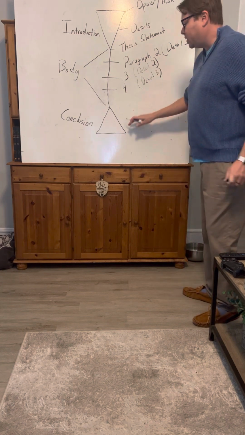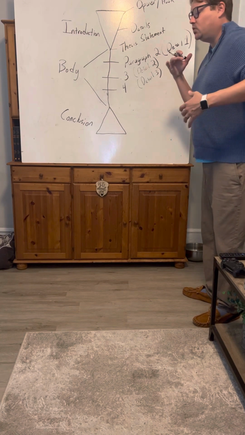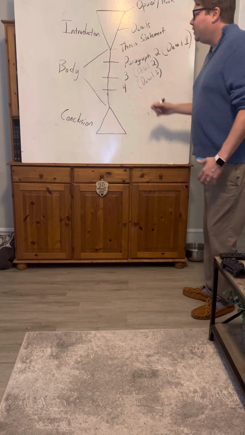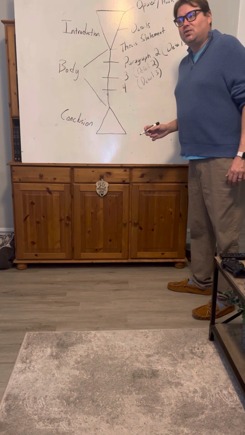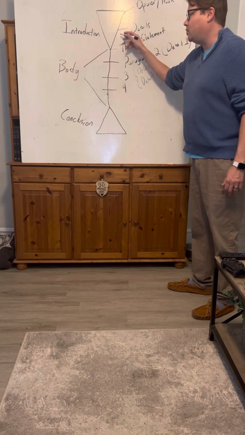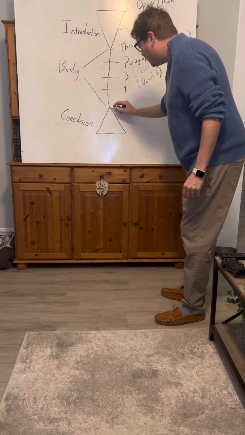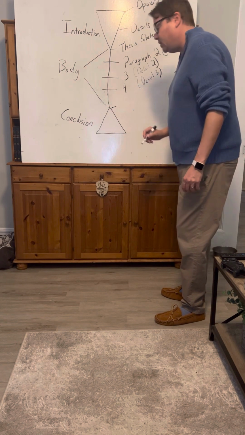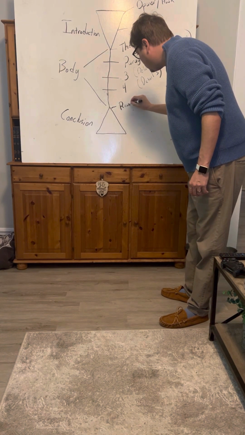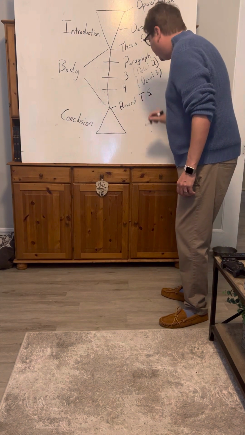So when it comes to our conclusion, and this is something that a lot of people, for whatever reason, don't get taught or don't fully observe, your introduction and your conclusion are essentially mirror images of each other. Your conclusion should basically be your introduction flipped upside down. The first thing that's going to happen in your conclusion is you are going to reword your thesis statement.